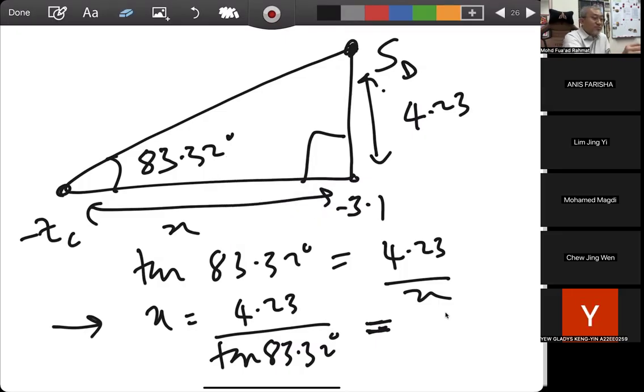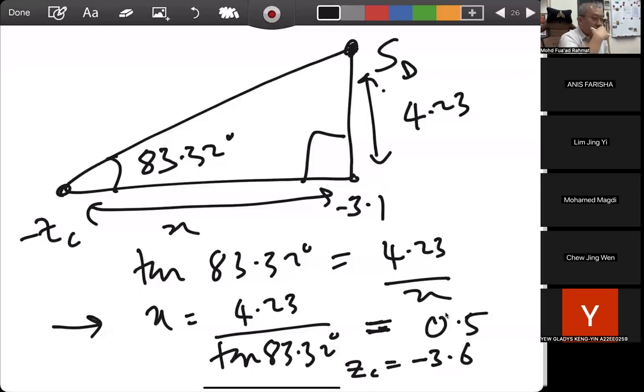Okay. So 0.5 meaning that ZC will be minus 3.6. Correct. ZC is minus 3.6. Because the distance is 0.5. It's very close.